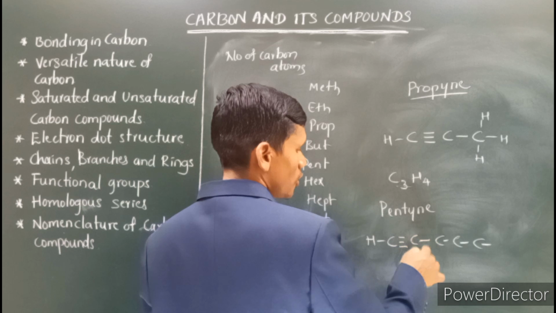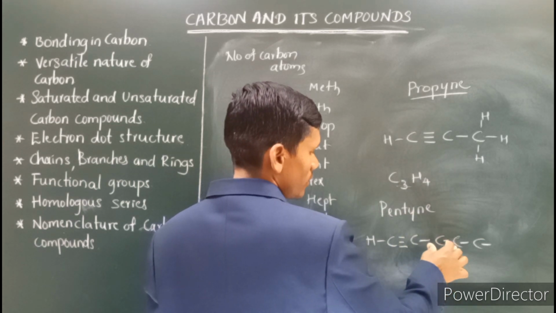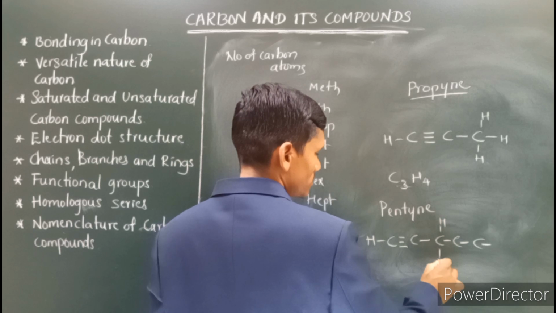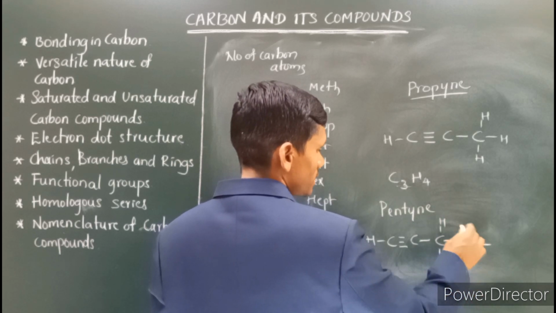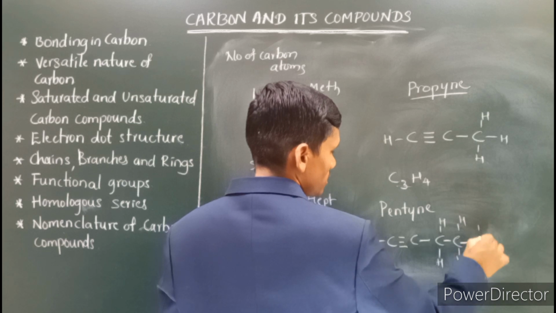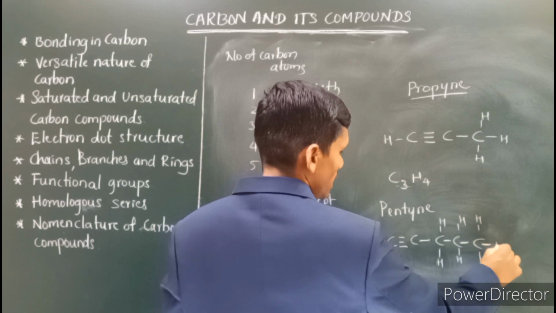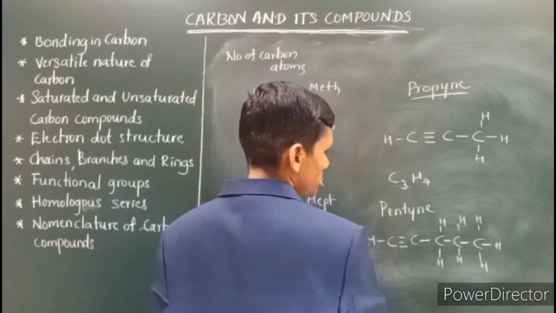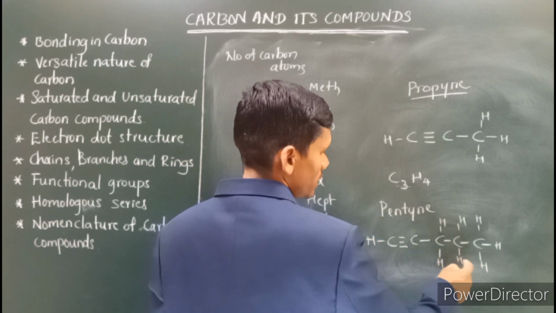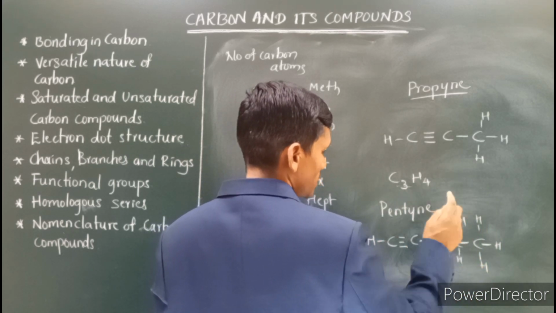1, 2, 3. Here 1, 4. For this carbon you cannot give any hydrogen. For this 2 are there already. Here 1 hydrogen you can substitute. And for this also here 1 you can substitute. Here 1 and here 1. Total how many hydrogen now? 1, 2, 3, 4, 5, 6, 7, 8.